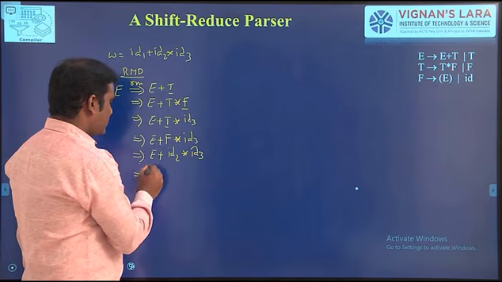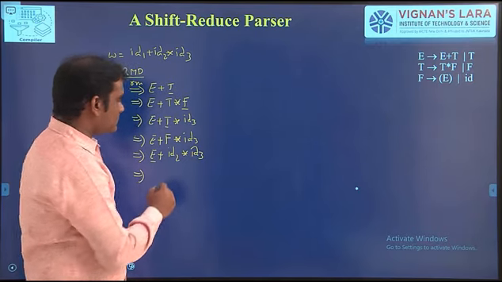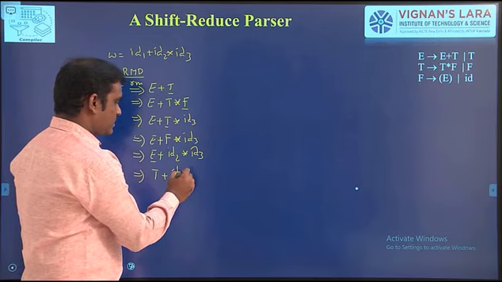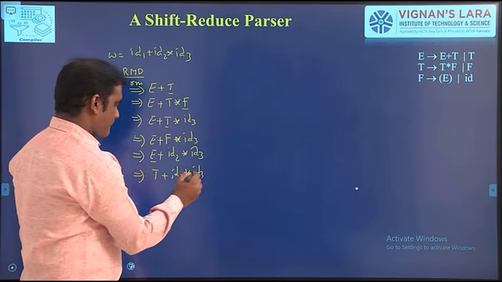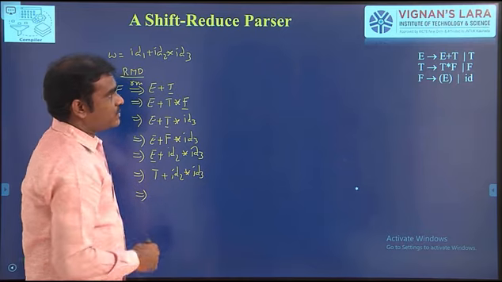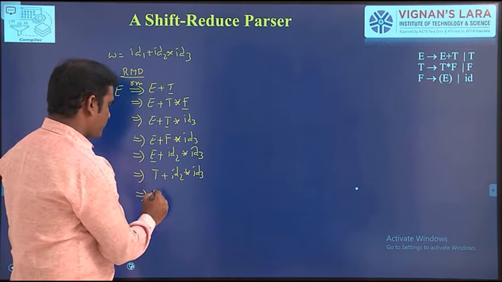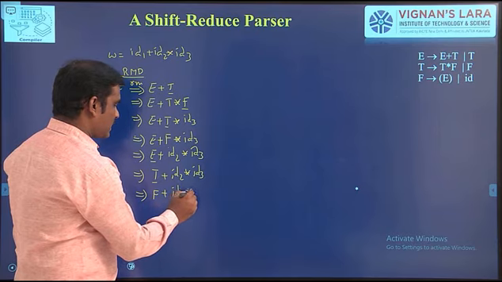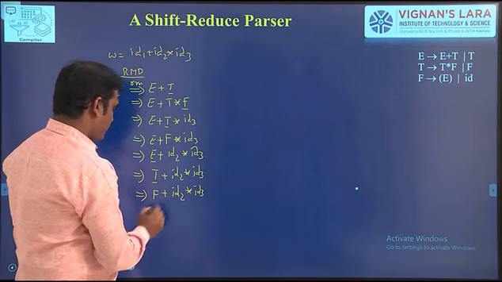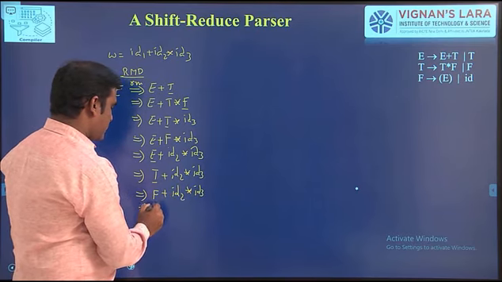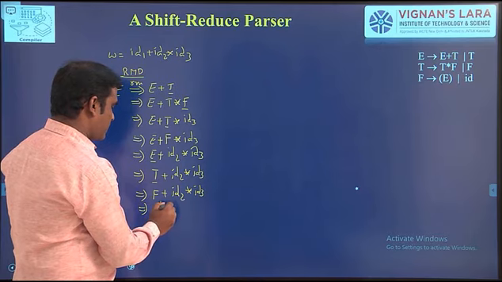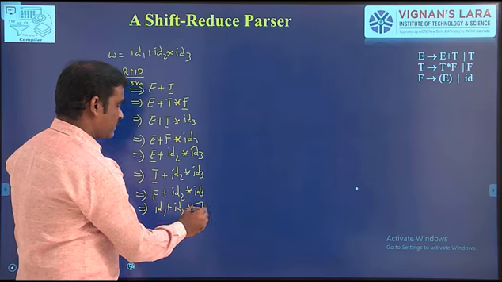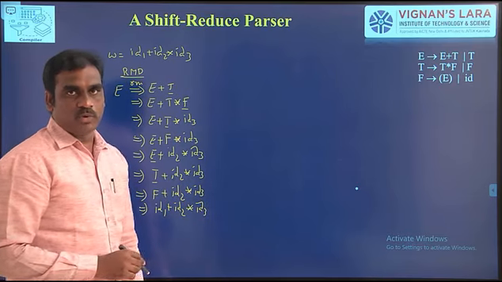The next one is E, and E means T plus id2 star id3. The next one, T means F, so F plus id2 star id3. And the next one is F means id, so id1 plus id2 star id3. So this is the rightmost derivation.